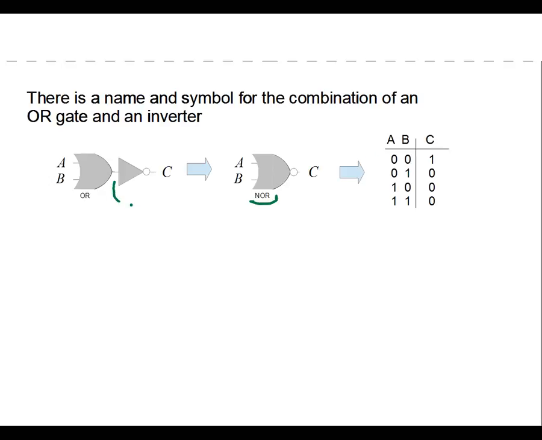At this intermediate stage, we have A or B. When A and B are 0, 0, A or B is equal to 0, and then not 0 is 1. When we look at 0, 1, A or B is equal to 1, and then not 1 is equal to 0, and so on. So yes, indeed, this is the truth table for a NOR gate.